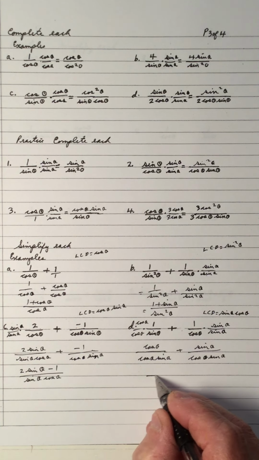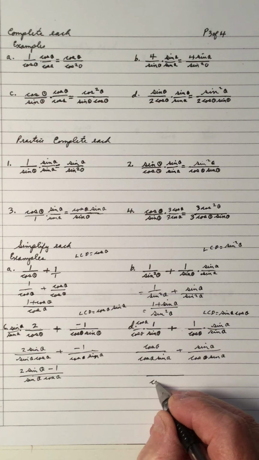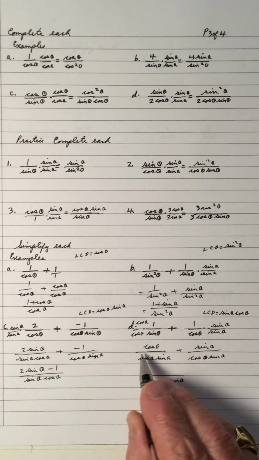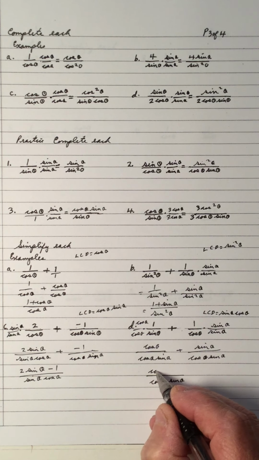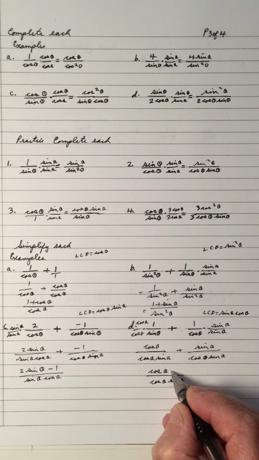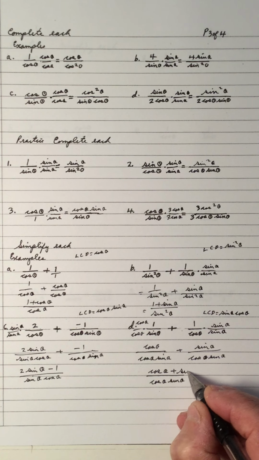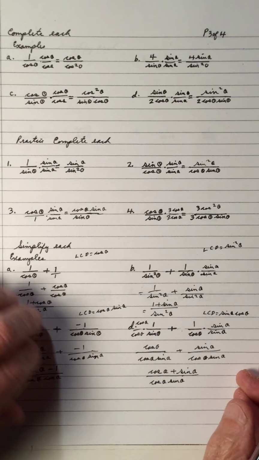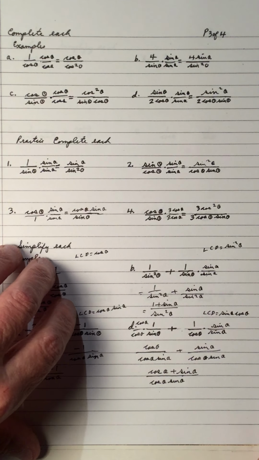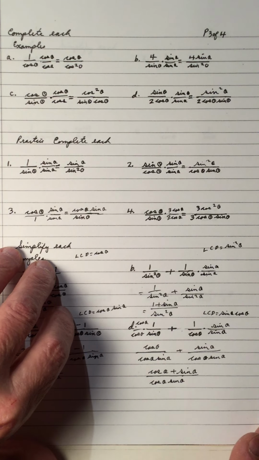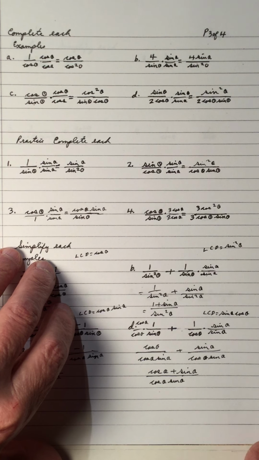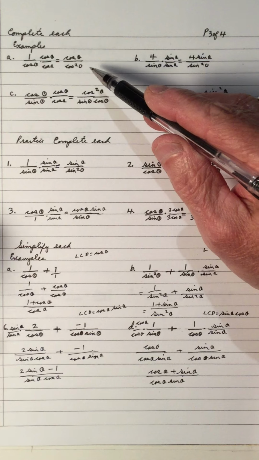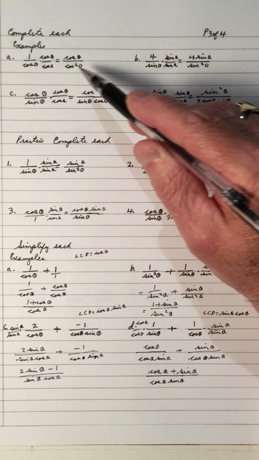The two denominators are the same, therefore we write down one of them, and as a result we add these together, but we can't combine them because cos theta and sine theta are different terms. So that's adding when the denominators are not the same. We have to make them equivalent. So that's why we did this practice up here, how to write equivalent fractions.